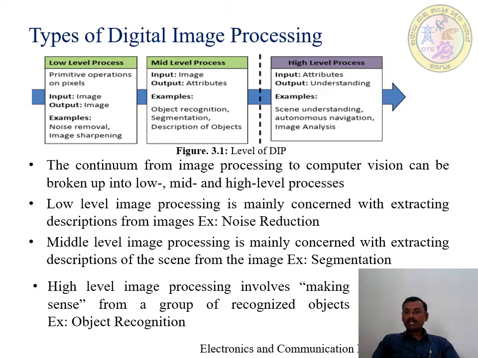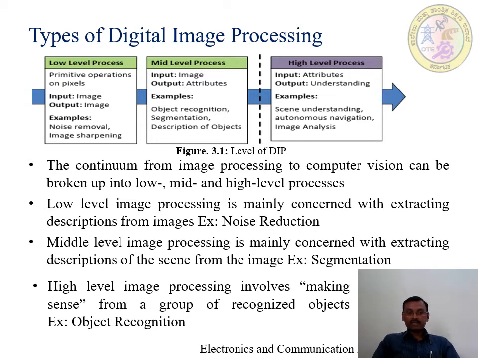In mid-level image processing, it is mainly concerned with extracting the descriptions of the scene from the image, for example, segmentation. High-level image processing involves making sense from a group of recognized objects. Example is the object recognition.